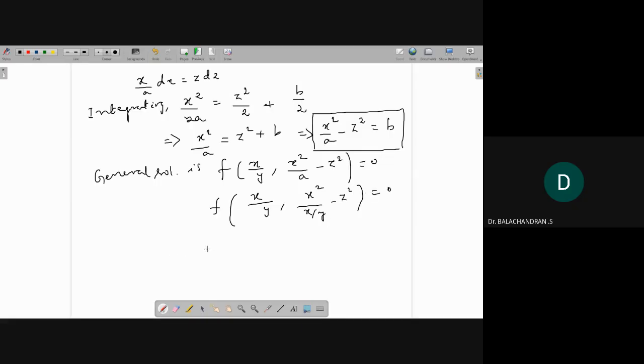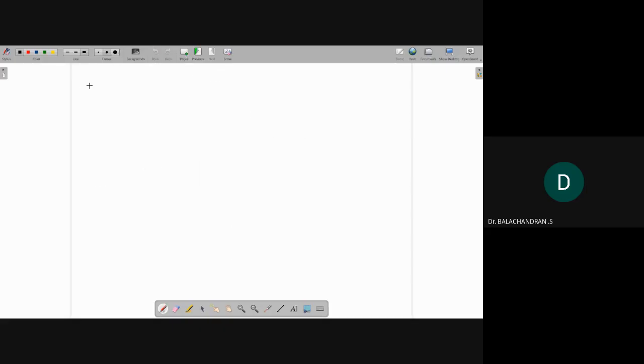This implies the general solution is f of x by y comma xy minus z square equal to 0. Okay. If you have any doubt in this problem, you can ask me. Otherwise, I will go to the next problem, third problem.